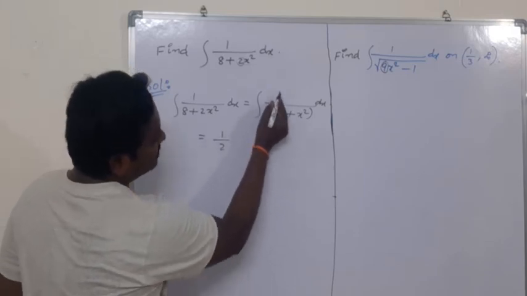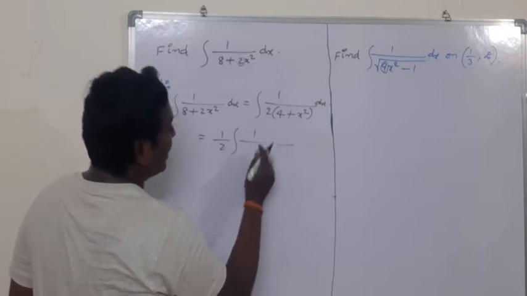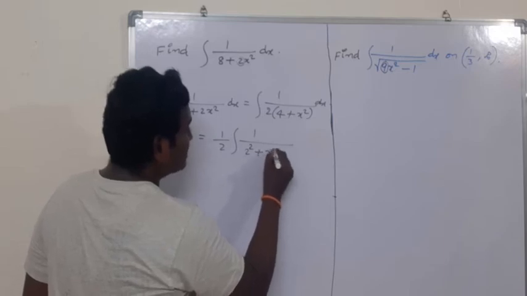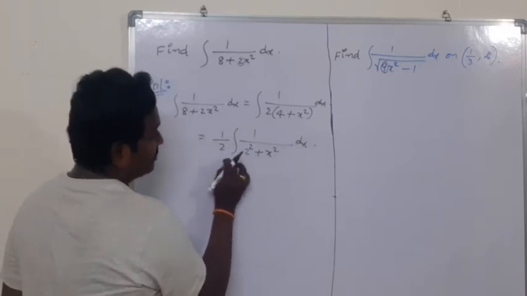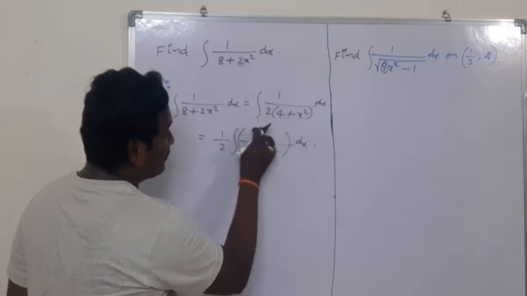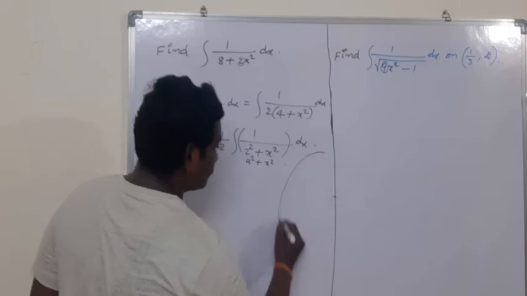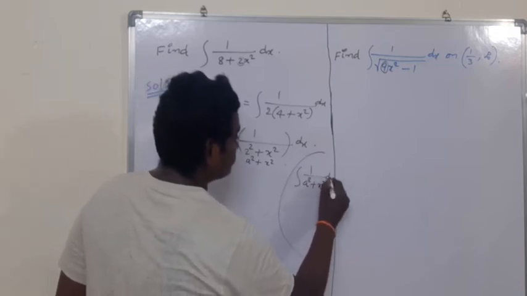Write the constant 1 by 2 outside of the integration. So you will get 1 by, 4 can be written as 2 square plus x square dx. Now observe the structure of the integration. Integration of 1 by a square plus x square. What is the integration of 1 by a square plus x square?